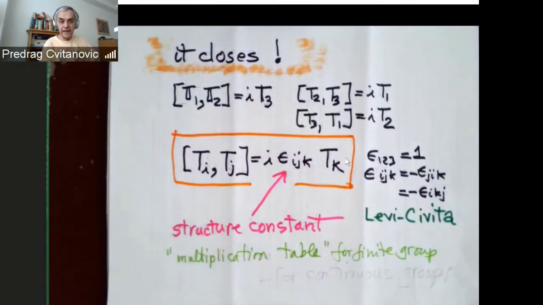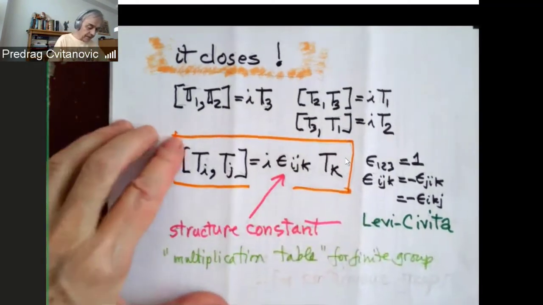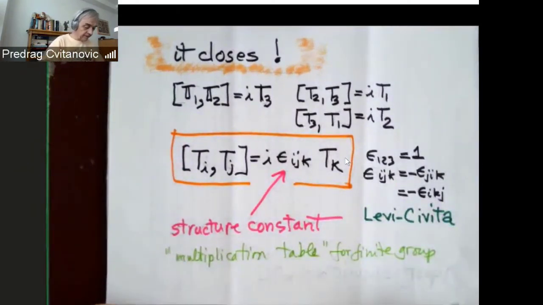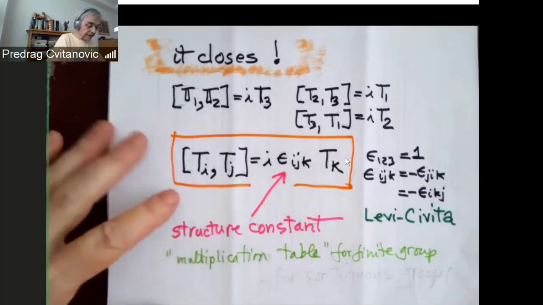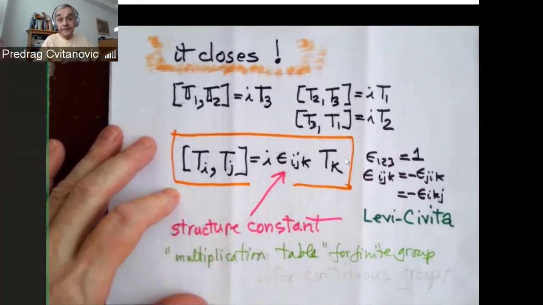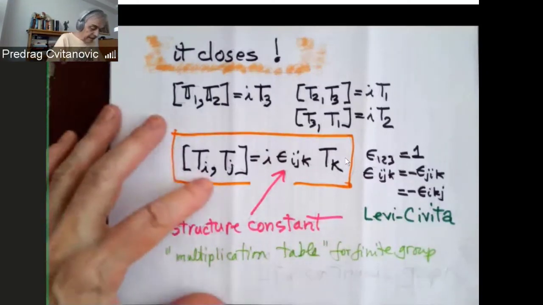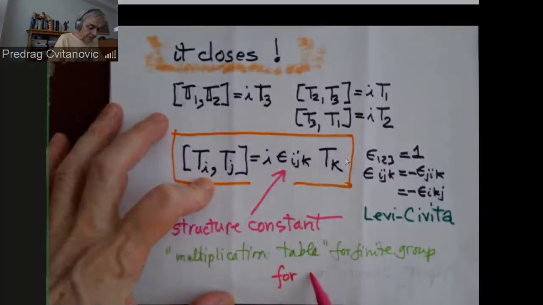Instead of multiplication table, because stuff is in exponent, you need something else, and it turns out to be these commutators. So for finite groups, you have multiplications, and the table is, you multiply 2 group elements, you get a third one. So it has this form. But for continuous groups, you get commutators, and I derived them for them. You just get them. It's not surprising. And that's what plays the same role for continuous groups.